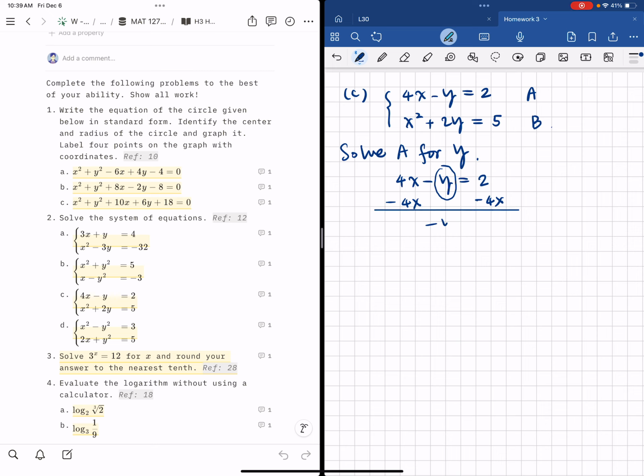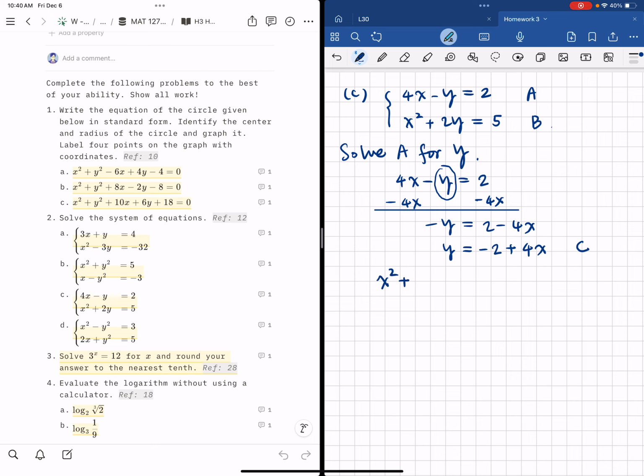This gives me negative y equals 2 minus 4x. Then I'm going to get rid of the negative sign, which is just dividing everything by negative 1, or you could just reverse the sign. y equals negative 2 plus 4x. And now I have this equation C, which I can use to plug into equation B.